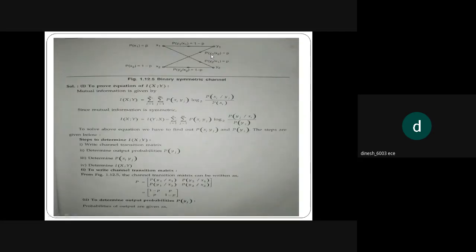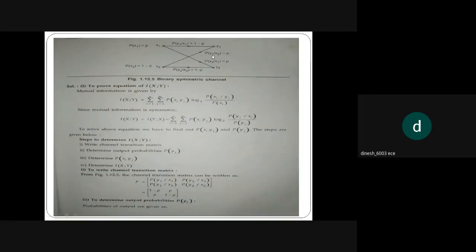We require y1 over x2. Yes, p of y1 over x2 is p. So substitute that. Then p of x2 y2 is here. Substitute that, divided by p of y2. So p of y2 is here. Just over.